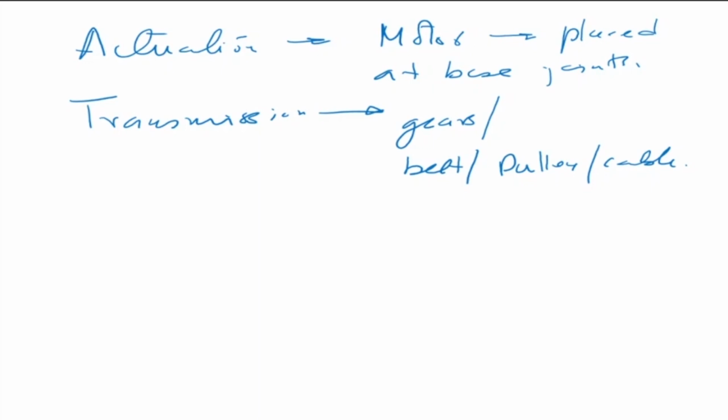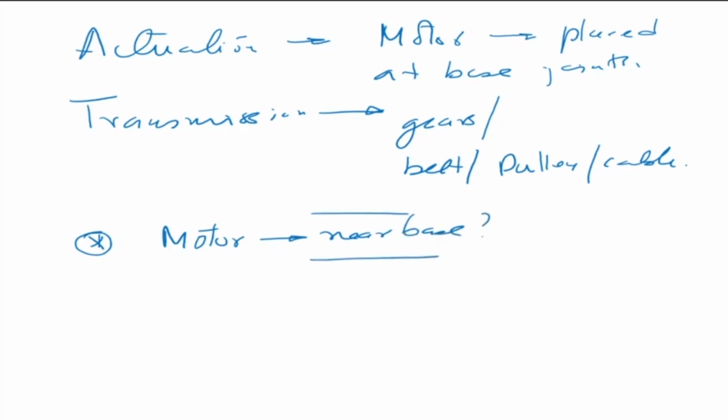Okay, this is basically the way the transmission takes place, and each of them has their plus points and minus points. But the fundamental idea and the main concern here is that the motors, which are very heavy, need to be placed near the base to reduce the load, the torque requirement of these motors.